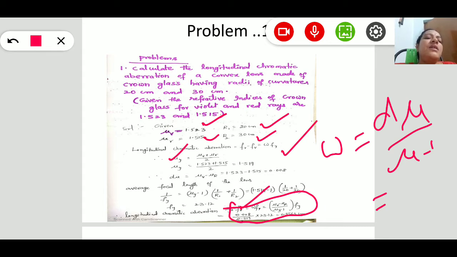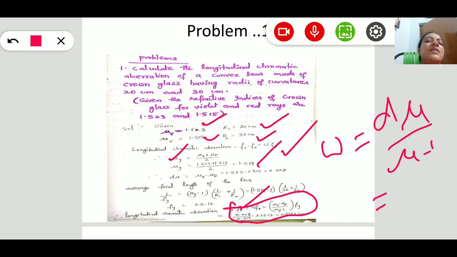Substituting these values, 1.523 plus 1.515 by 2, we get 1.519. Similarly, find the difference in refractive indices, because we need d mu by mu minus 1. D mu is mu v minus mu r, that is 1.523 minus 1.515, equal to 0.008.